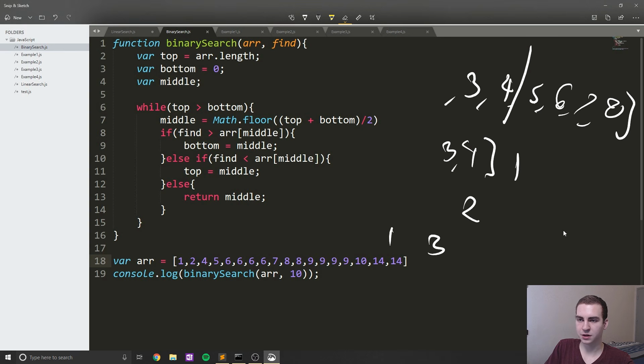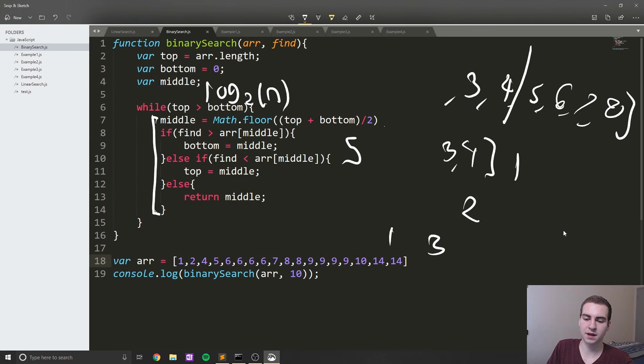But what we do here, right, is these are all the operations that could run in each while loop. So every time we loop through, this while loop is going to happen at most log base 2 of n times, okay? But we do a bunch of different operations in this while loop. Let's just say we do 5 operations every time it loops.